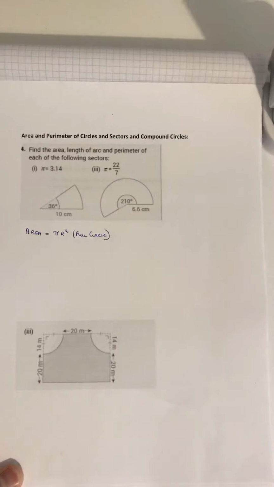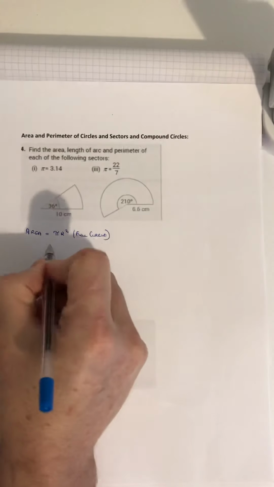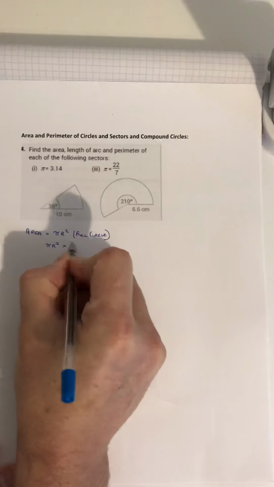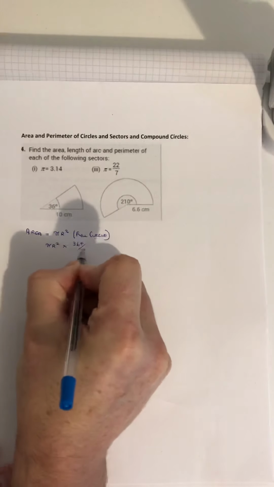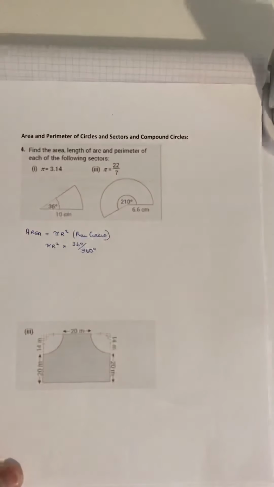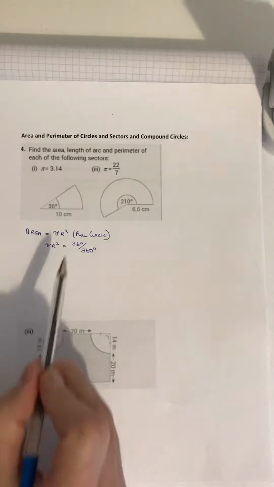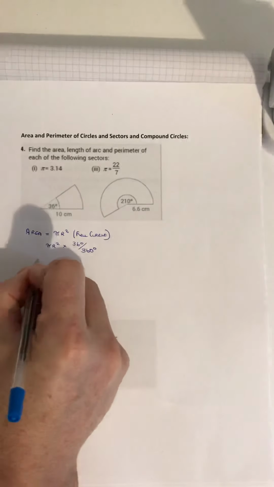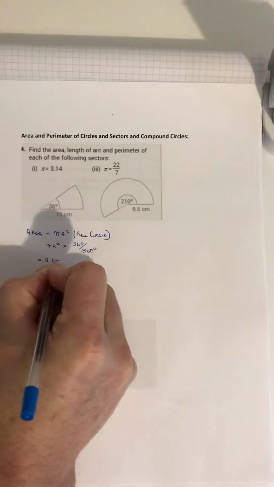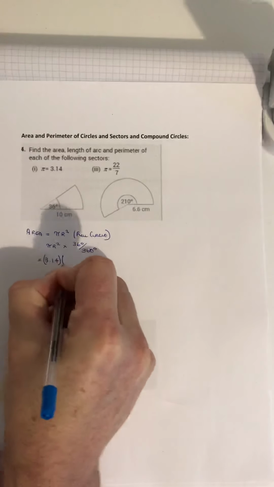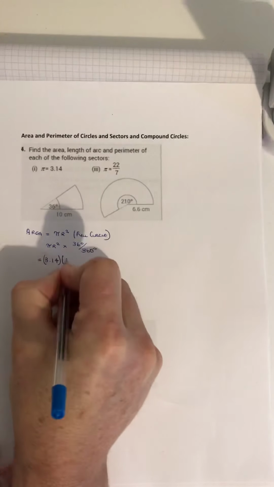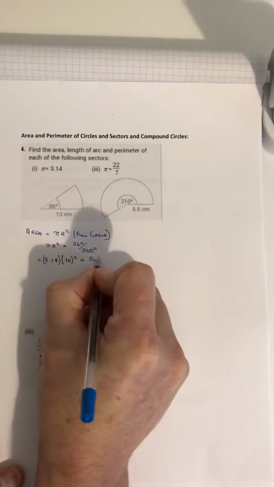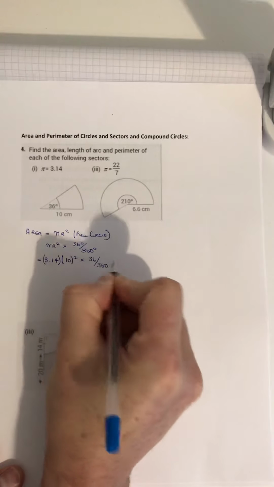Alright, so this is far from a full circle, but we're going to have pi r squared multiplied by 36 out of 360 degrees, okay? Because there's 360 degrees in a full circle. So that's going to give me 3.14 multiplied by, the radius is 10 squared, multiplied by 36 over 360.